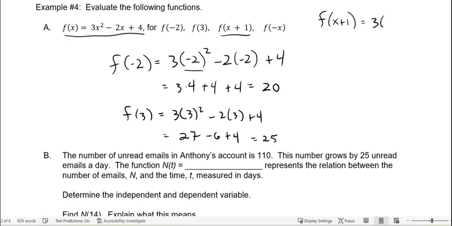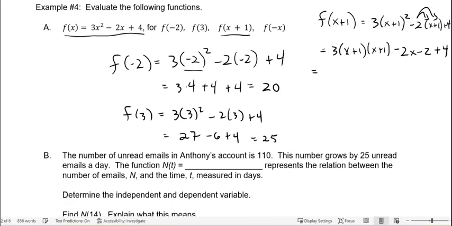I say 3 times x plus 1 quantity squared minus 2 times x plus 1 plus 4. All right, and now I got to be real careful with x plus 1 squared. It's not x squared plus 1. It means x plus 1 times itself. I'll go ahead and distribute this guy. Minus 2x minus 2 plus 4.